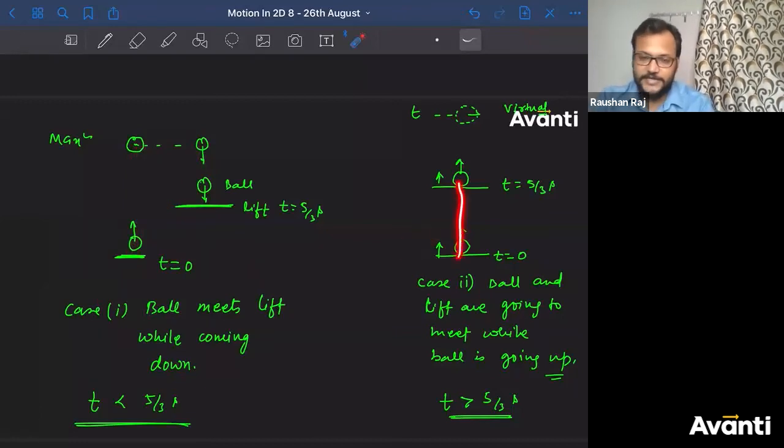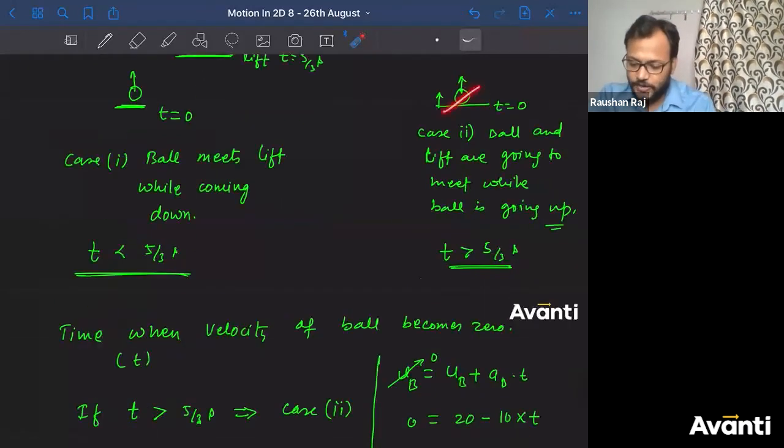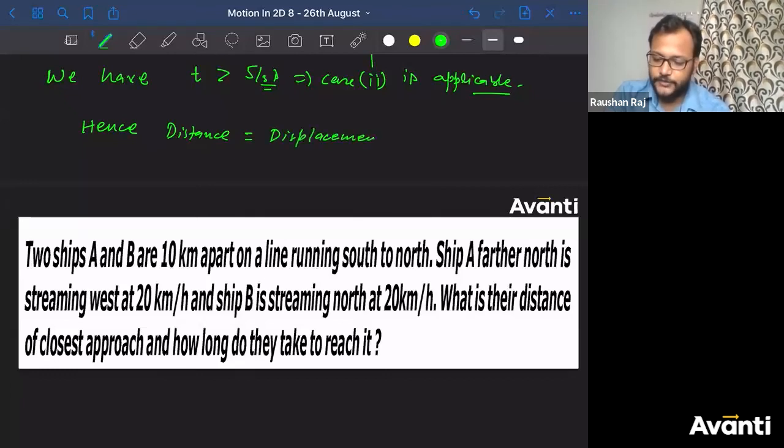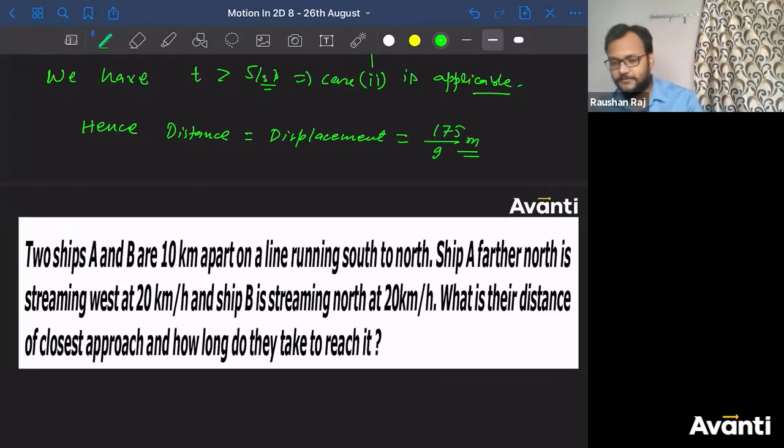Sir, this is the displacement, this is the distance, because the particle has moved in one direction and it has not changed its direction of motion. So hence, distance will be equal to displacement. So what is the displacement of the ball? So 175 divided by 9. So this is the answer.